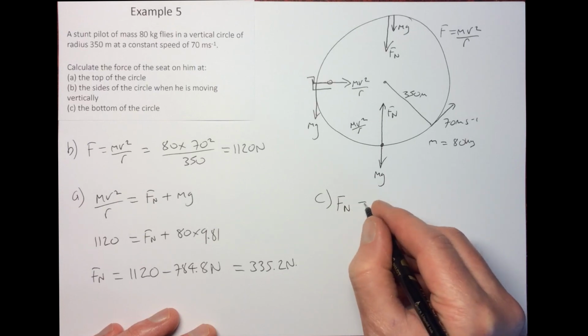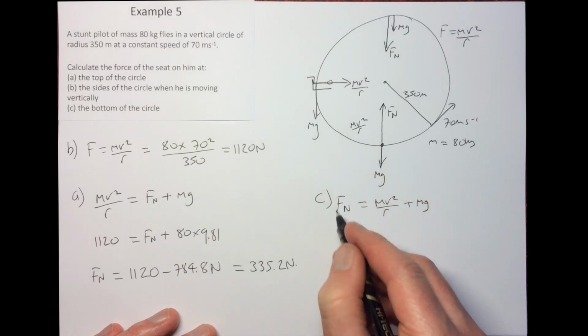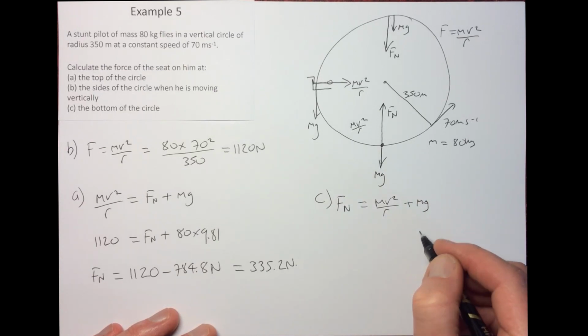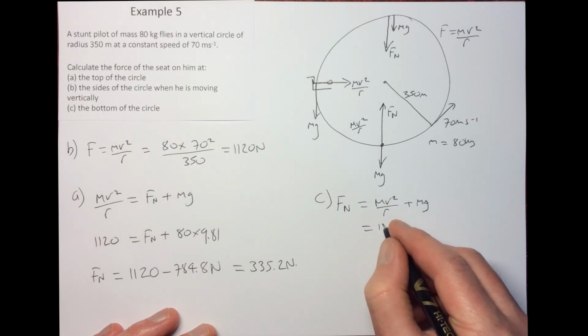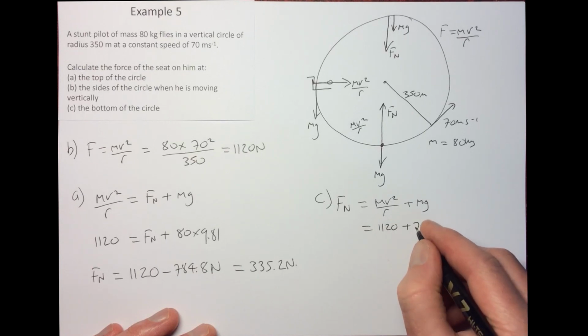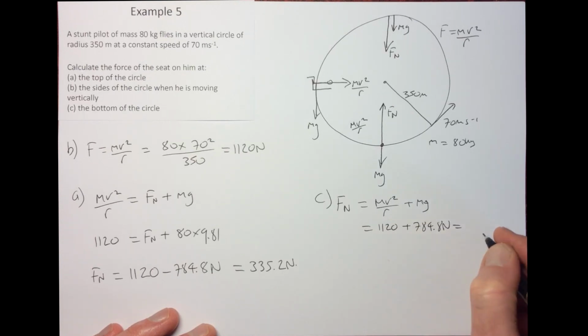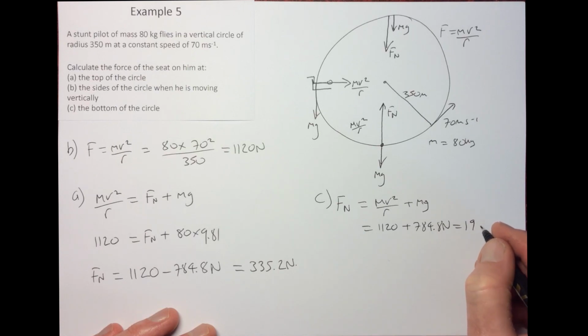The normal contact force here is equal to mv squared over r plus mg, because it's providing a force opposite to the weight, and it's providing the centripetal force as well. So that's going to be 1,120, because that's the centripetal force we worked out earlier, plus the weight, which, if you remember, was 784.8 newtons. So that's going to give us 1,904.8 newtons.